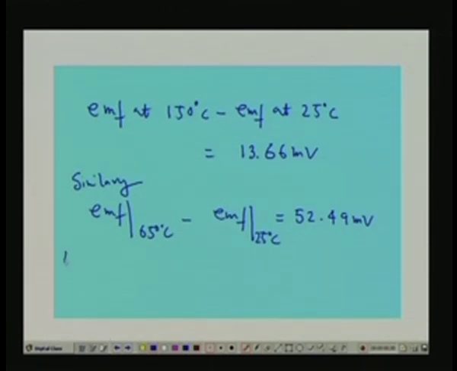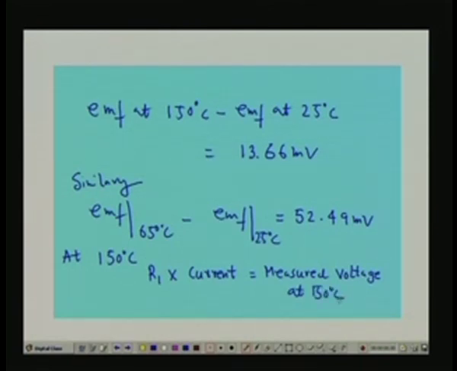Now, at 150 degree centigrade, from the circuit we can see that R1 into current is equal to the measured voltage at 150 degree centigrade, right.